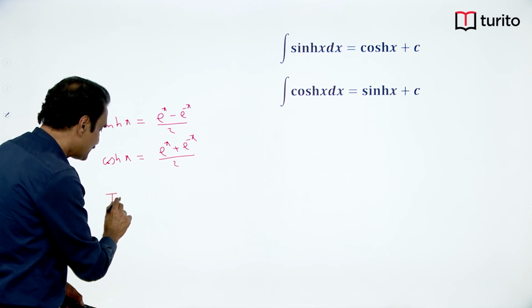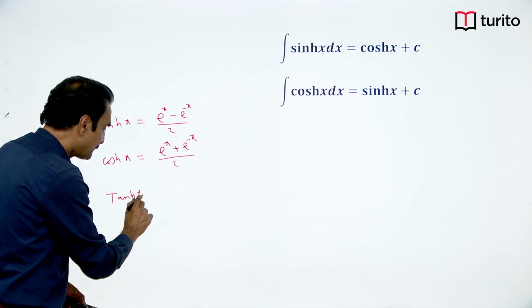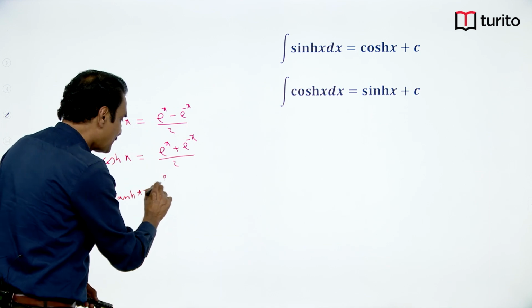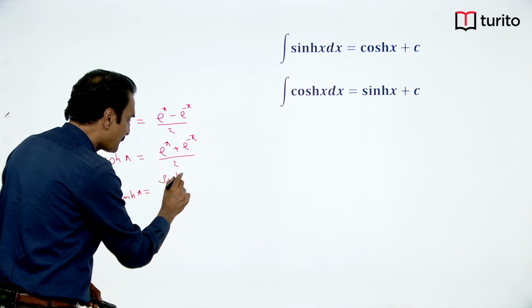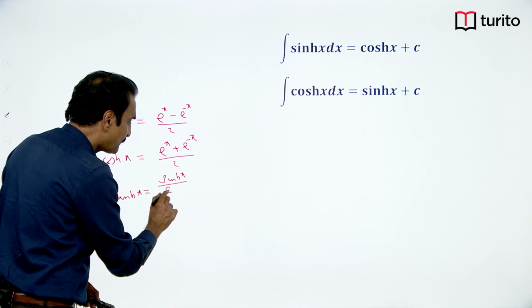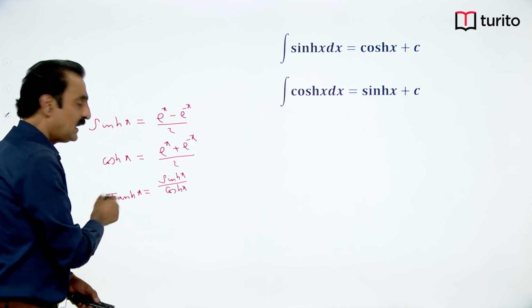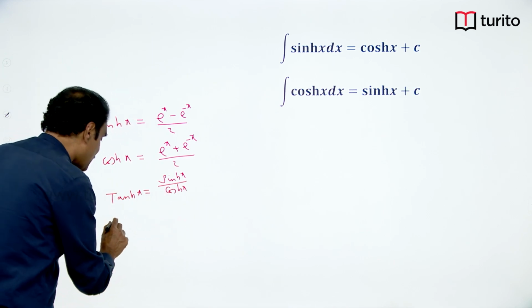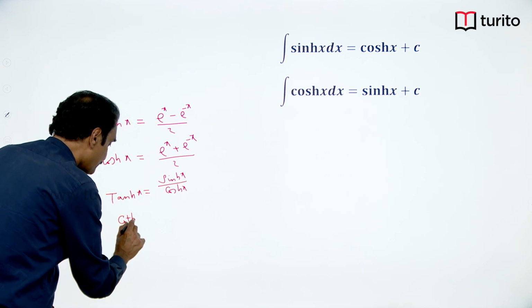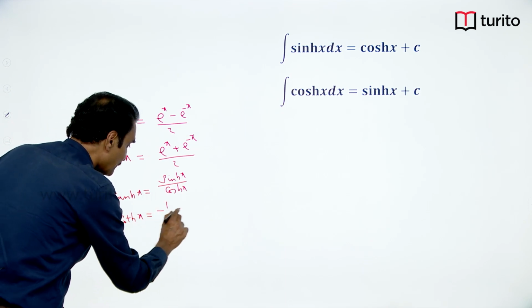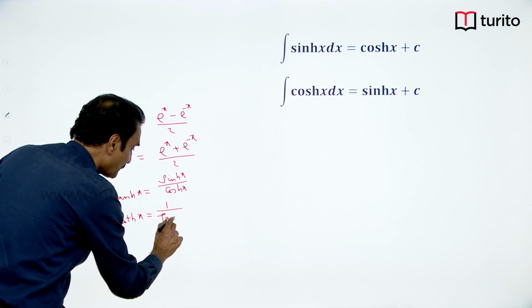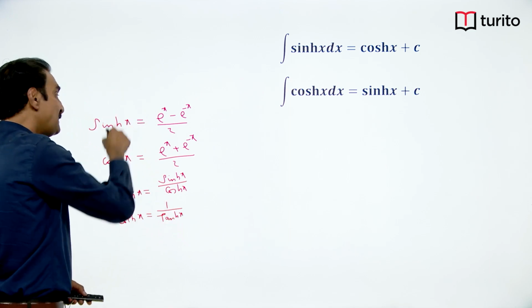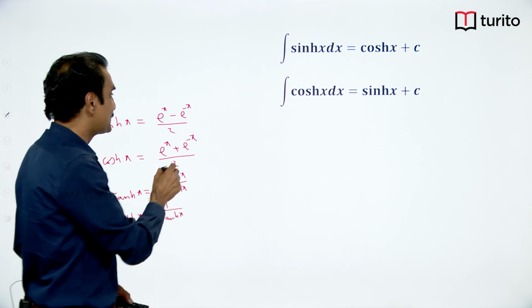Tan hx is sin hx by cos hx, and 1 by tan hx is cot hx. And 1 by sin hx is cosecant hx.